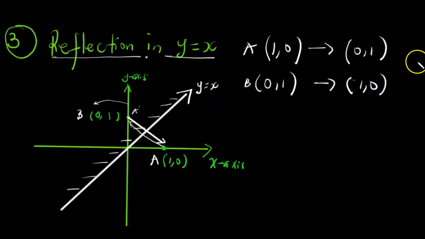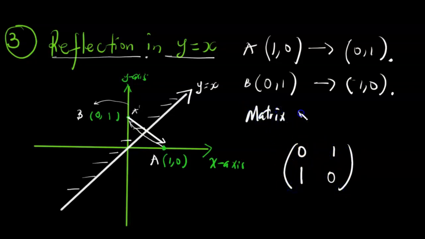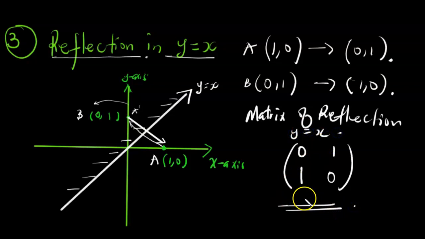So that means for the matrix of reflection, we write these images in vector form. So we have 0, 1, the first one, and 1, 0. So this is the matrix of reflection in the line y equals x.